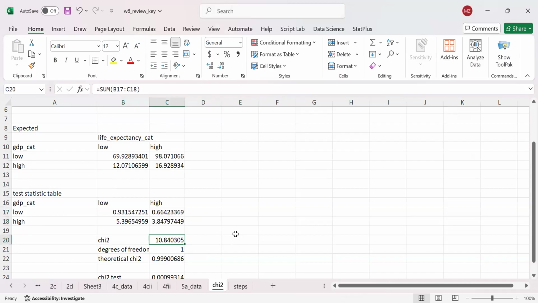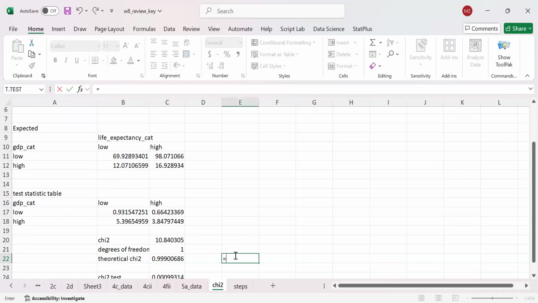So your degrees of freedom is basically the categories of GDP minus 1, times categories of life expectancy minus 1. Both have two categories, so (2 minus 1) times (2 minus 1) is 1 degree of freedom, right? And from that, you can calculate the theoretical chi-square.